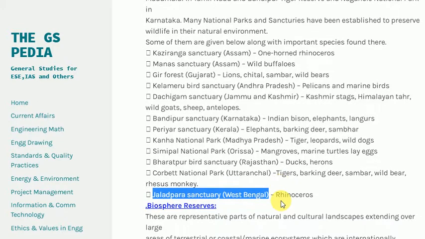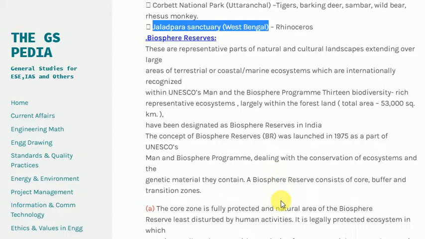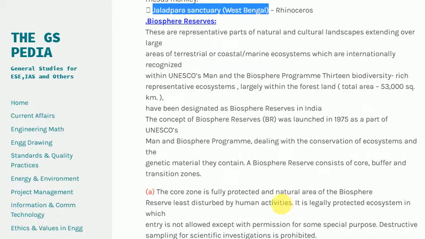Biosphere reserves. These are representative parts of natural and cultural landscapes extending over large areas of terrestrial or coastal/marine ecosystems which are internationally recognized. Within UNESCO's Man and the Biosphere Program, 13 biodiversity-rich representative ecosystems, largely within the forest land, with a total area of about 53,000 square kilometers, have been designated as biosphere reserves in India.